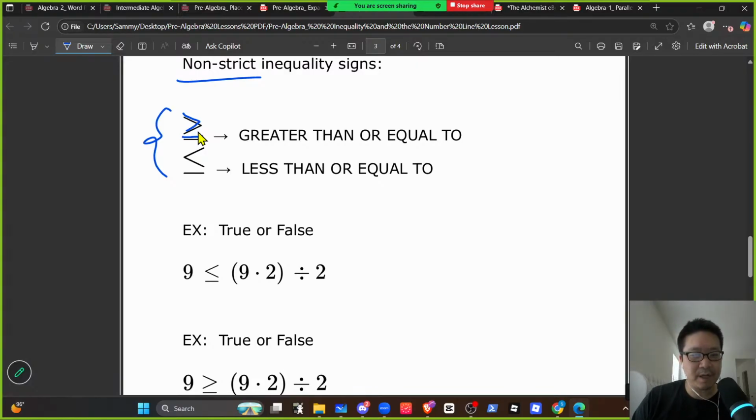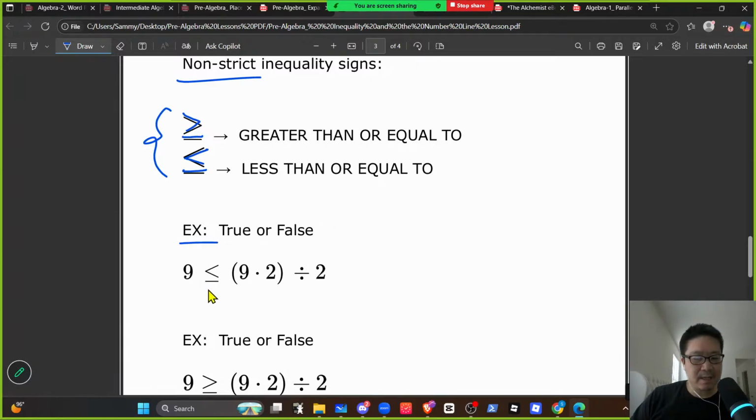So what's on the left is going to be either greater or equal to what's on the right. And this one is less than or equal to, meaning what's on the left can be either less than or equal to what's on the right. Okay? All right, so let's try this one.